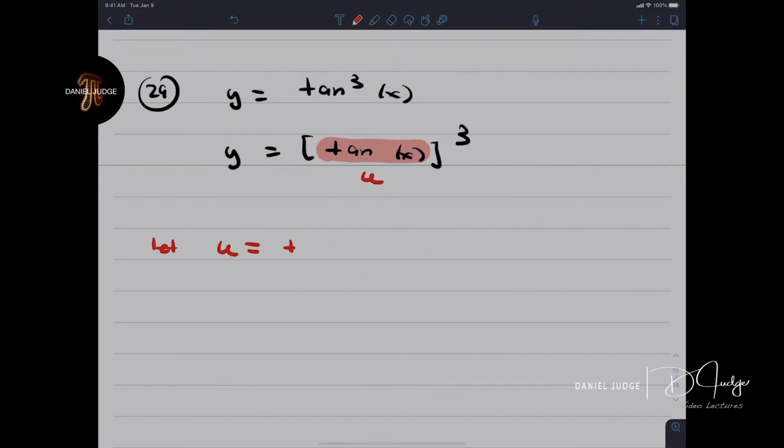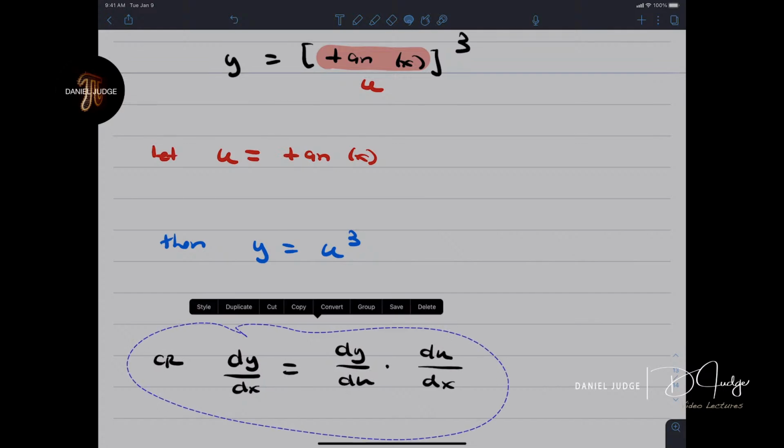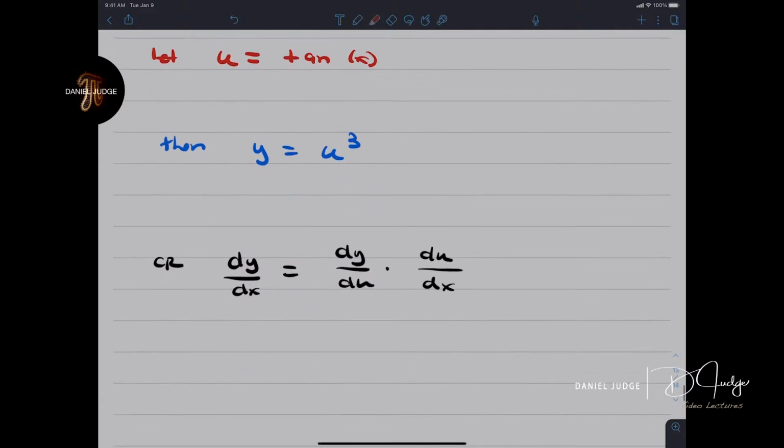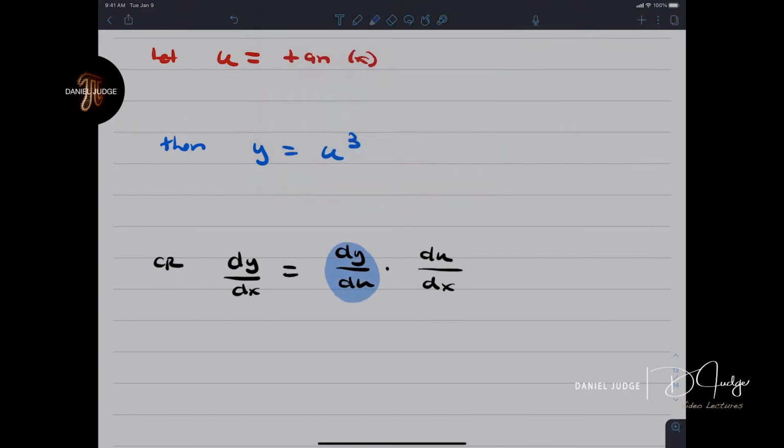I'm going to let u equal tangent. Then y is really u to the third power here. So notice when we do chain rule here, everything that I do is completely what we did in lecture.